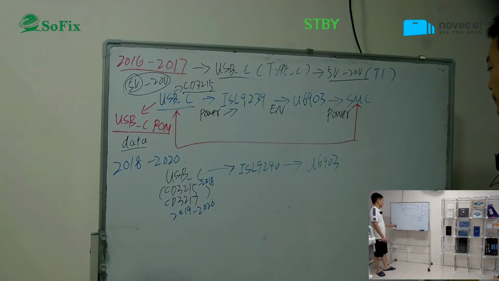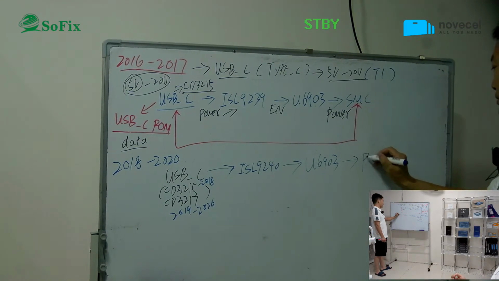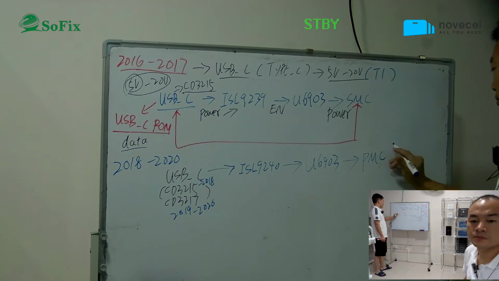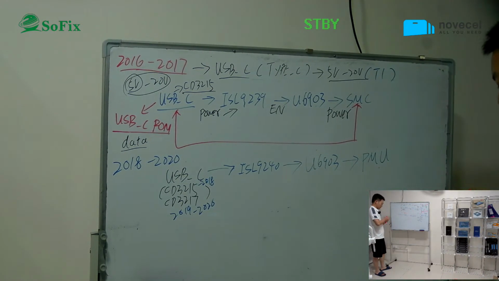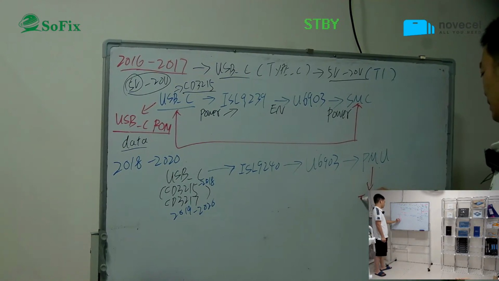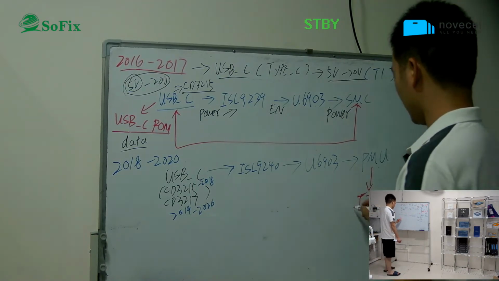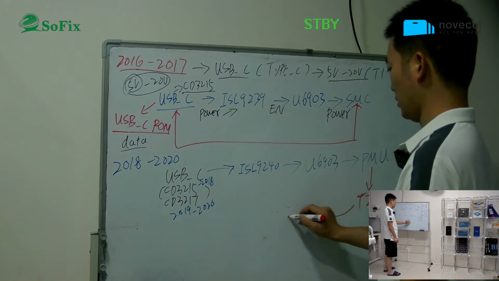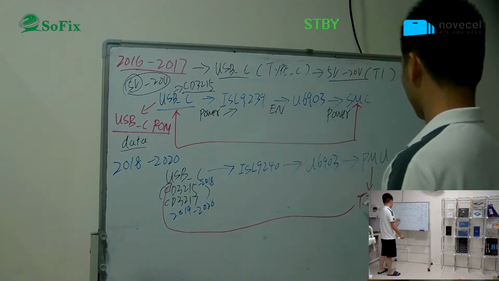Then you provide the voltage to the PMUIC. The PMUIC provides the voltage to T2. Then the T2 working condition is normal. T2 controls the USB-C chip.